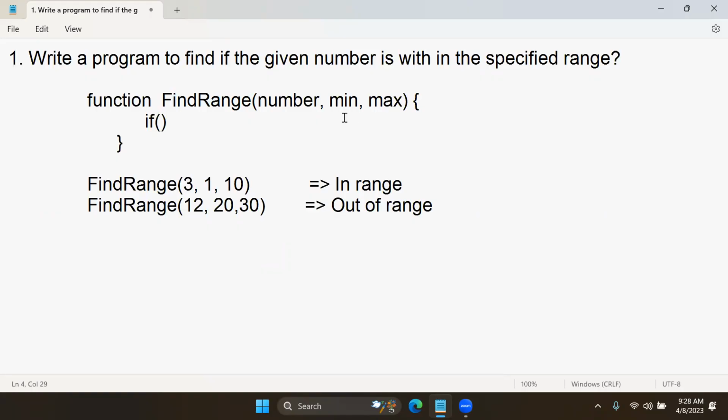How to check that number is between minimum and maximum. You have to write a condition. That means in range means what? The number must be greater than minimum and number must be less than maximum.